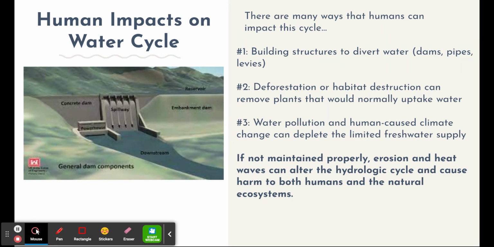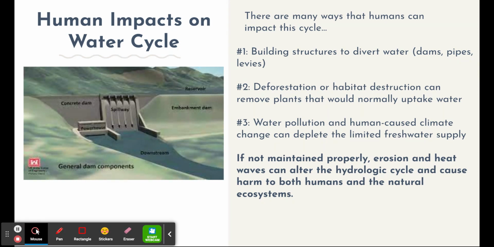But we can build structures to divert water, whether we're trying to create a reservoir like we have at Geist. And so we'll create a dam that stops the water from moving as quickly. Or we might create pipes so that we're moving water, or levees to hold water back. So there's different things that we can build to actually change the natural flow of water.